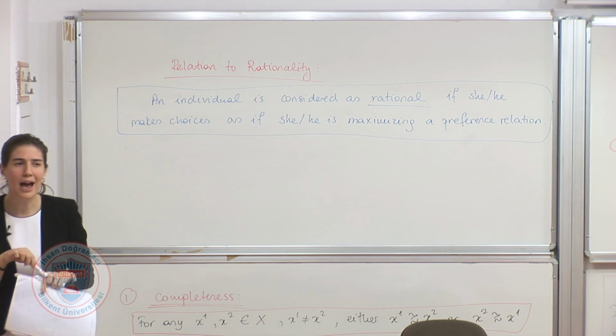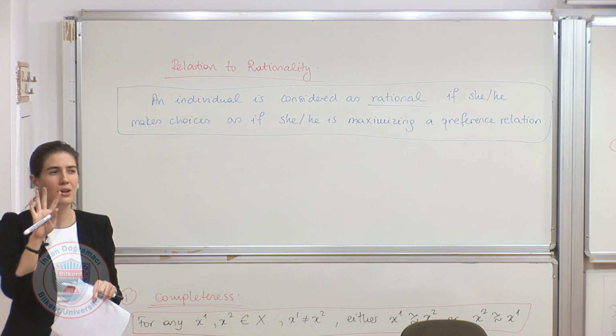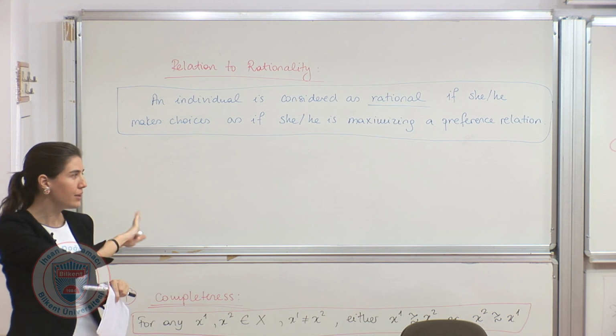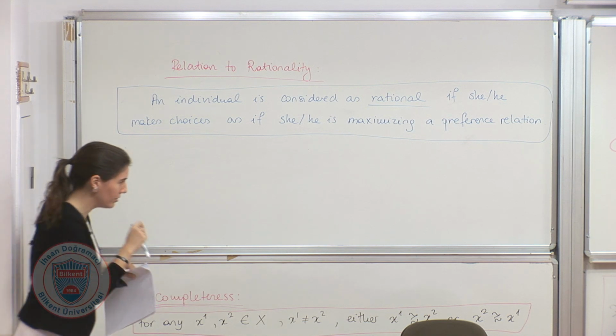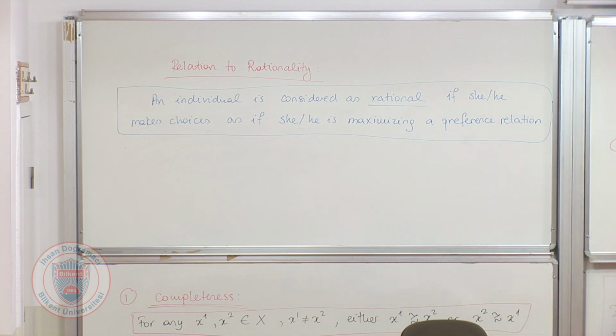But as I said, you can always think of it that this rationality concept is kind of related to these properties that we specify here. Okay? But it's not enough. You should be acting as if you're maximizing a preference relation, right? Basically, you're choosing whichever one is best for you, okay?